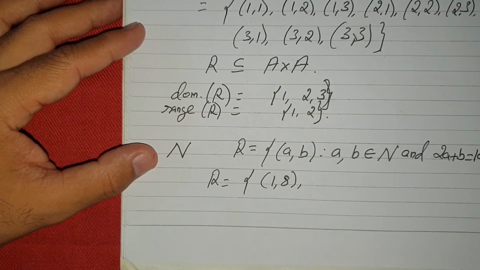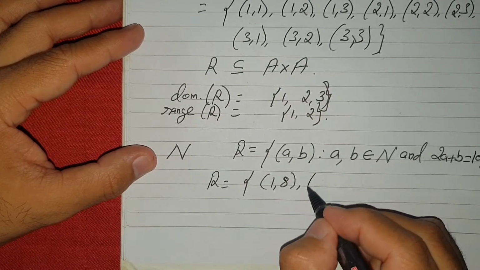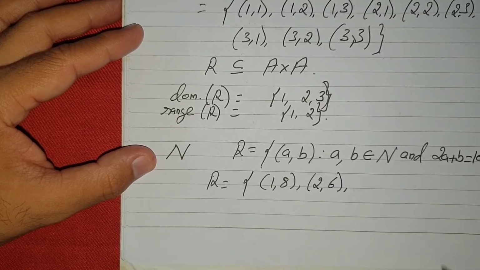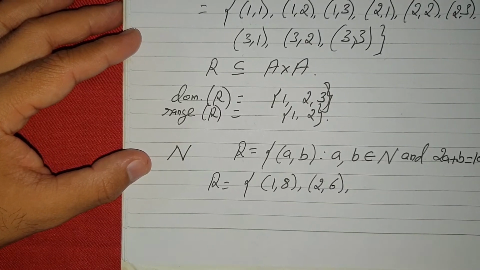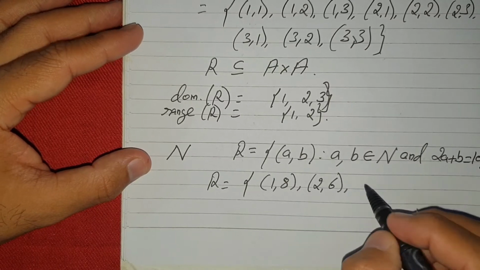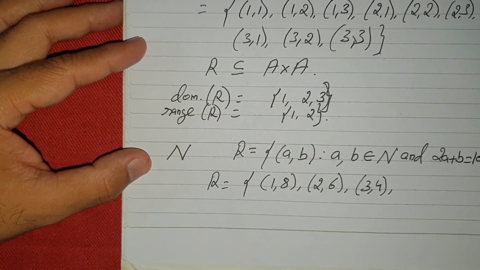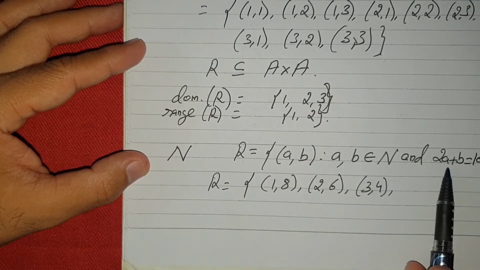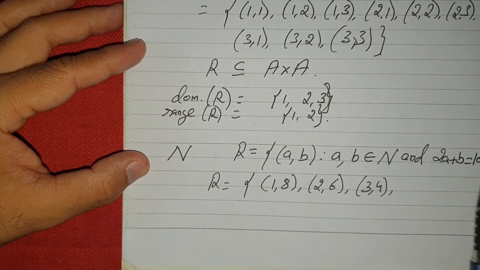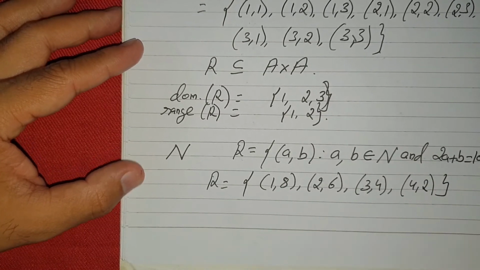Second is (2, 6), since 2 into 2 is 4 plus 6 is 10. Then (3, 4), since 3 times 2 is 6 plus 4 is 10. And this is (4, 2), since 4 times 2 is 8 plus 2 is 10. So this is what the relation is.